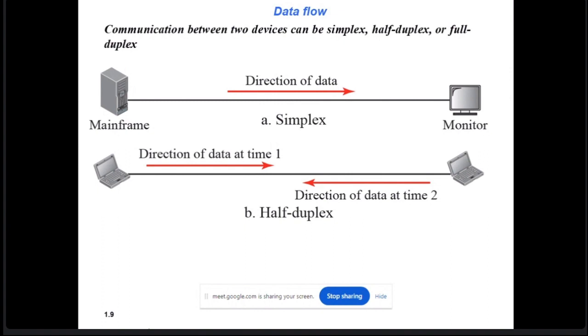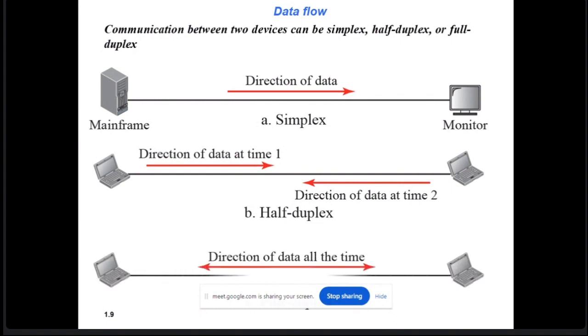So in this type of communication we can transmit and also receive, but not at the same time. At a time we can either transmit or receive, which is called half duplex. And the full duplex system, which is the third one, is sending the data at the same time.